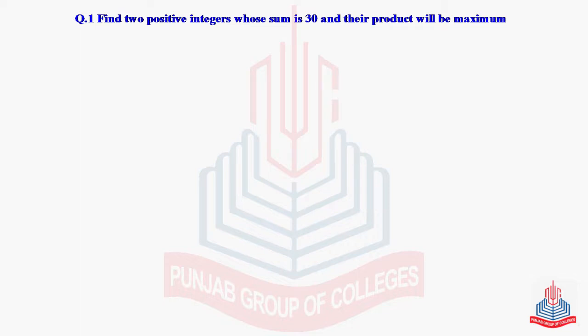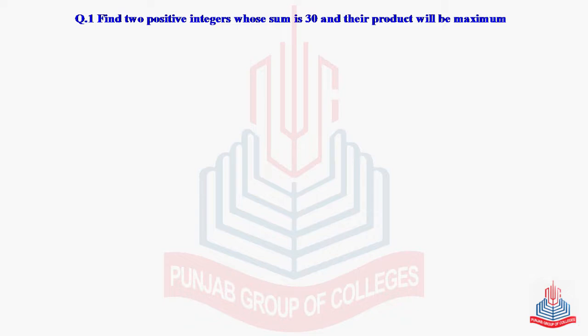For example, we can take two positive integers 1 and 29. Obviously the sum is 30 but the product will be 29, because 29 into 1 is 29. And similarly we can select two positive integers 2 and 28.